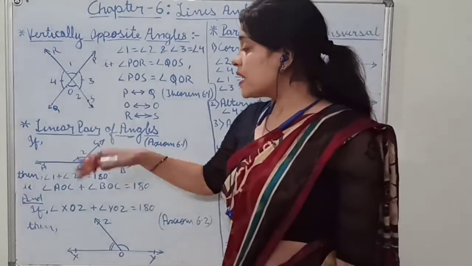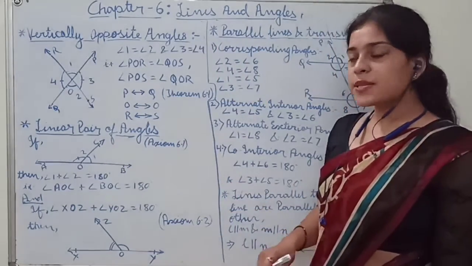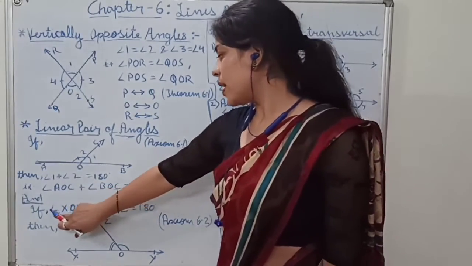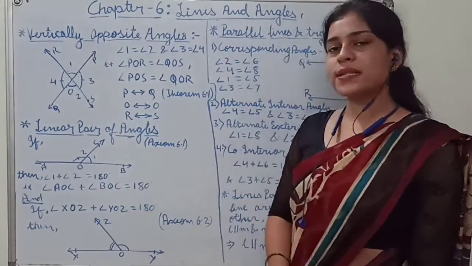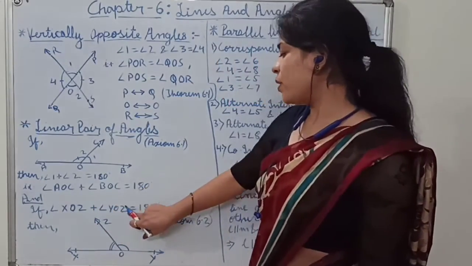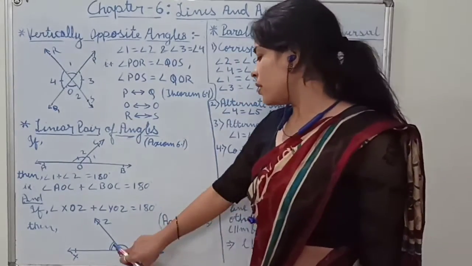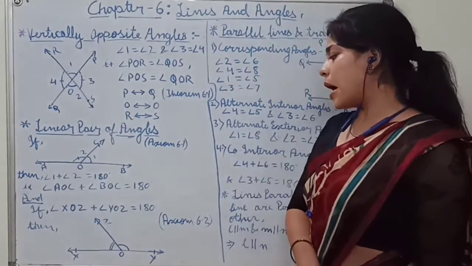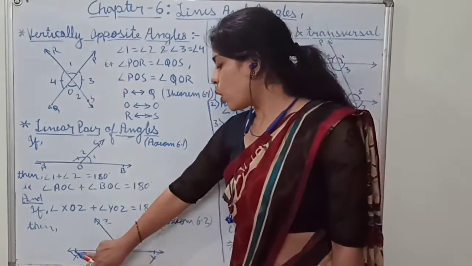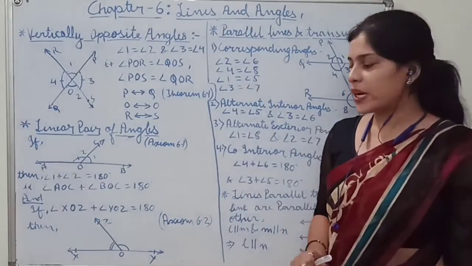Now vice versa, the reverse of this axiom, Axiom 6.2. Axiom 6.2 says that if the sum of two adjacent angles is 180 degrees, like XOZ and YOZ are two adjacent angles having OZ as a common arm, and their sum is 180 degrees, then the non-common arms of the two adjacent angles will form a straight line.